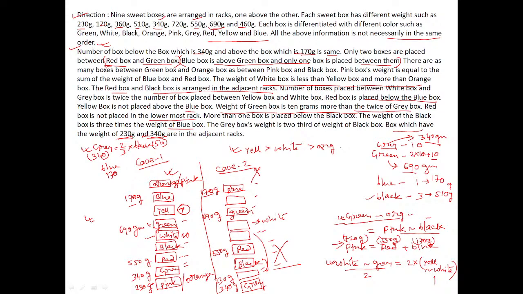Because the difference between green and orange, if orange is here 1, 2, 3, 4, and between pink and black 1, 2, 3, 4, yeah, both side conditions still satisfy. Within case 1 we found one more case, a sub case. Now moving to any further statement given there to fix it.